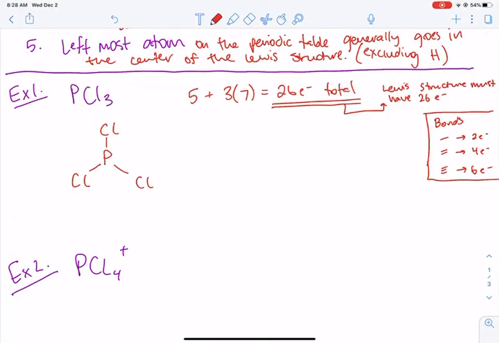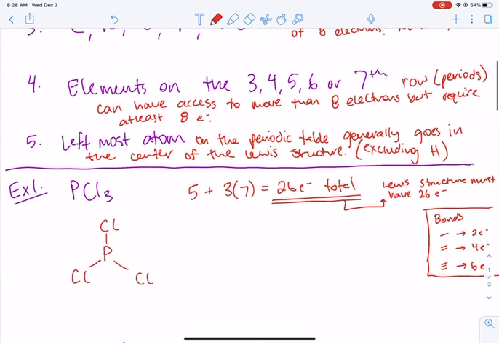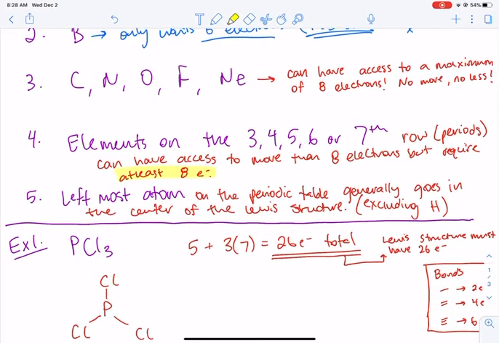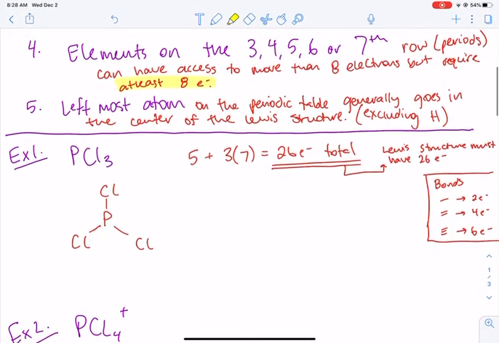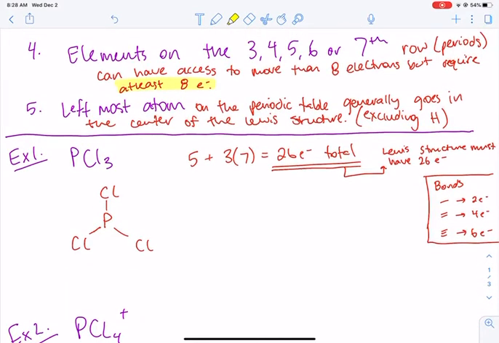No problem. And then we need to make sure that all atoms have at least 8 electrons, right? So we don't have a carbon, nitrogen, oxygen, fluorine, or neon, but we do have elements on the third period. So they have to have access to at least 8 electrons. So let's give everyone 8 electrons. So for the chlorines, that means lone pairs.